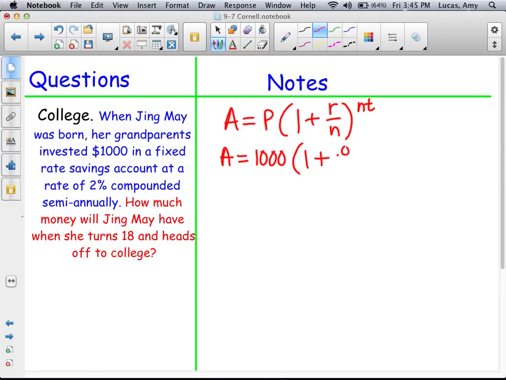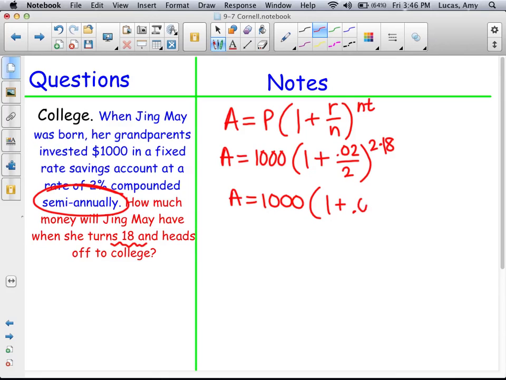So my rate is 0.02, compounded semi-annually. Semi-annually means twice a year. So n is 2, and they're asking how much is going to be in her account when she turns 18. So t is 18. So 1,000 times 1 plus 0.02 divided by 2 is 0.01, and my exponent is 36.